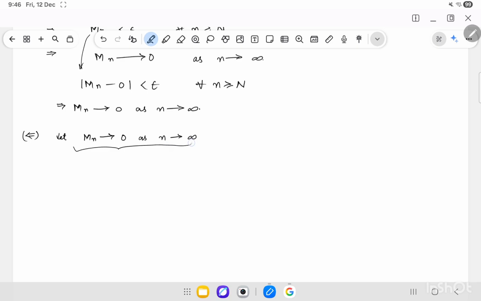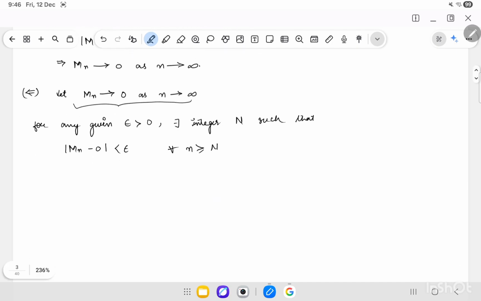If I write its definition, for any given epsilon greater than 0, there exists an integer capital N such that the absolute value of M_n minus 0 is less than epsilon for all n greater than or equal to capital N.